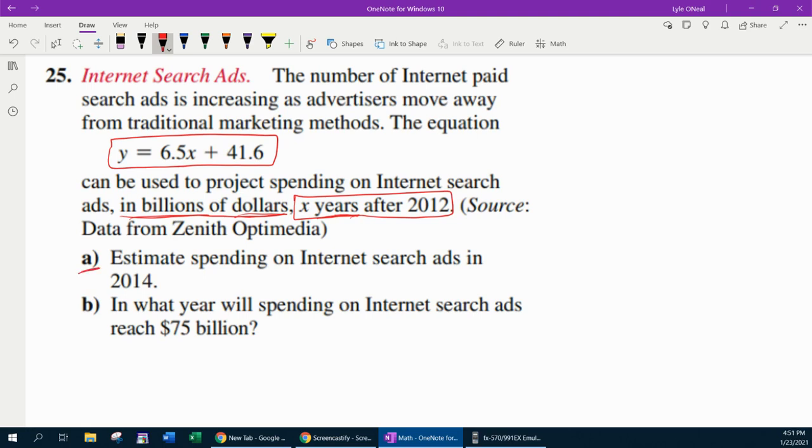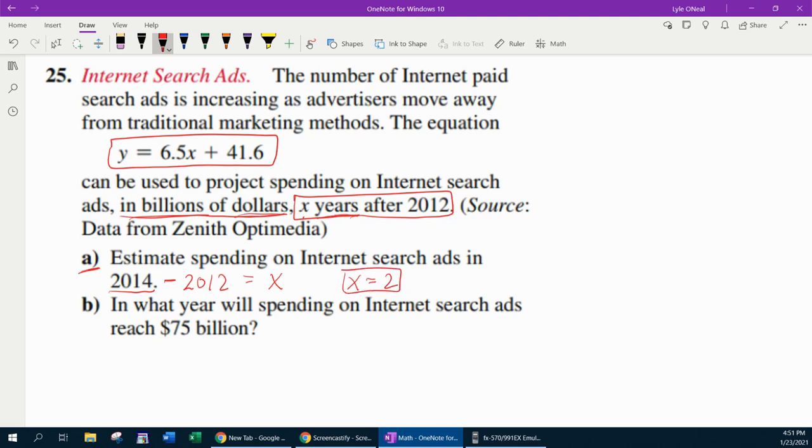Part A: estimate the spending on internet search ads in 2014. Since X is the number of years after 2012, we take the given year, 2014, minus 2012, and that will tell us our value of X. So 2014 minus 2012 means we're looking at 2 years after 2012.